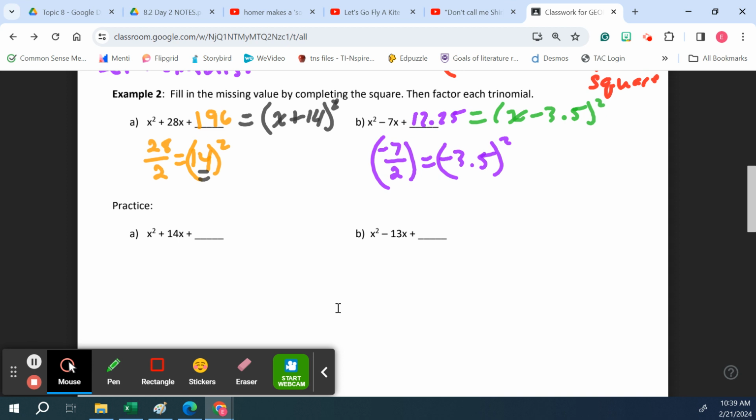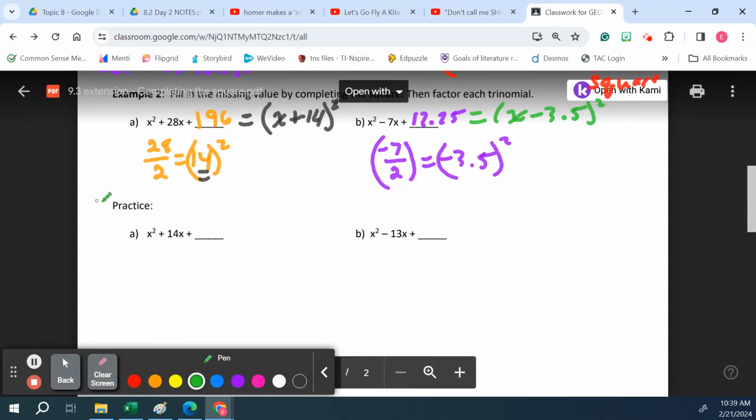Who's still working on A and B? Show hands if you are. Okay, letter A. Iana, what'd you get? You got 49 right here, okay. And then what was the factored form? X plus what? 7, very good.